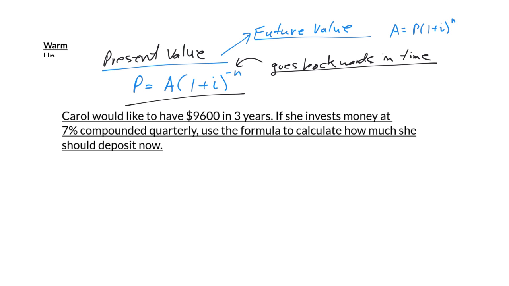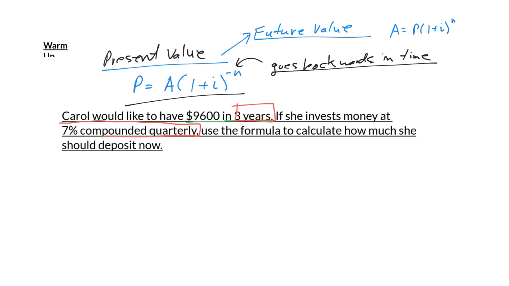Karen would like to have $9,600 at the end of 3 years. Okay? Now, she invests the money at 7% quarterly.